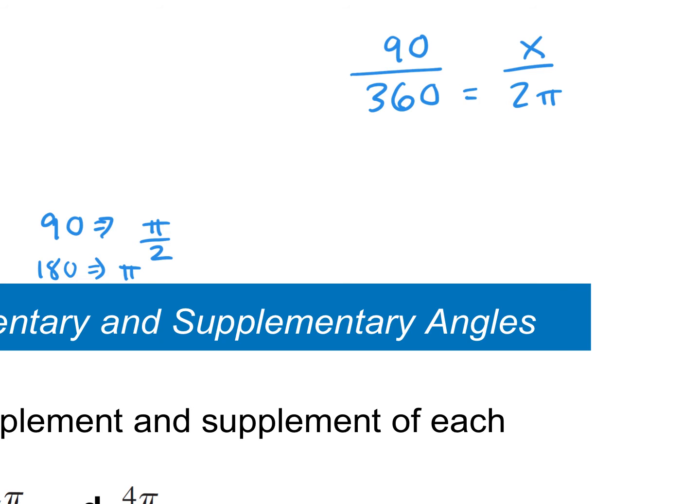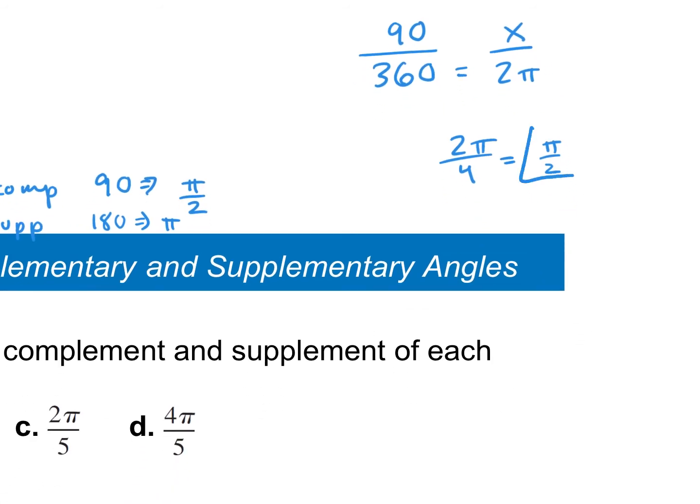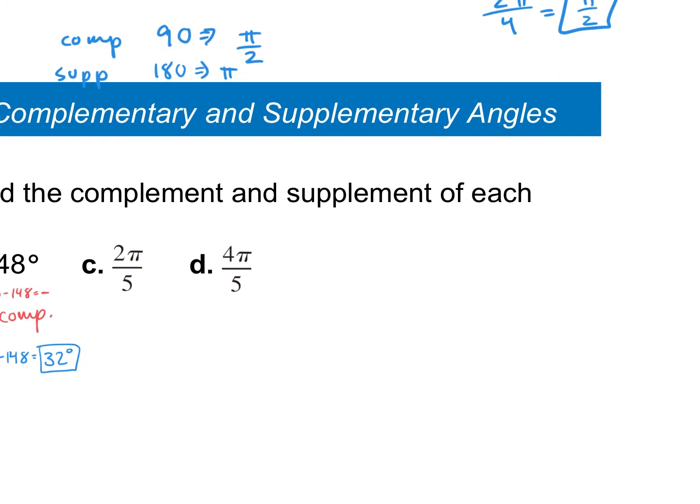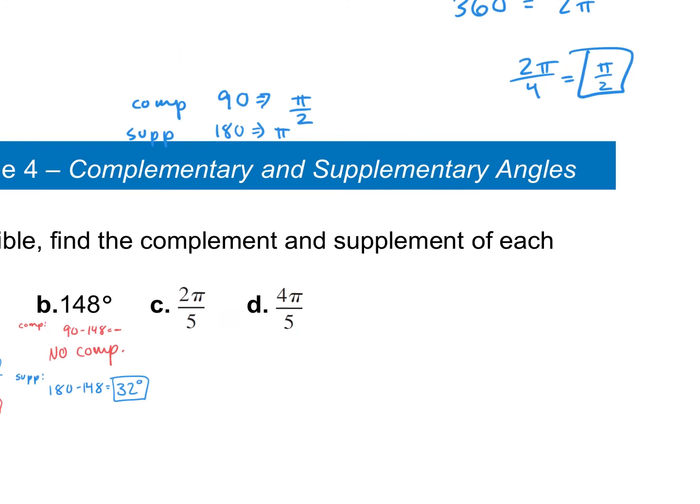So then 1/4 of 2 pi would be pi over 2. That's a common one that you should know. 90 is pi over 2. Or you could convert. You can multiply from degrees to radians.